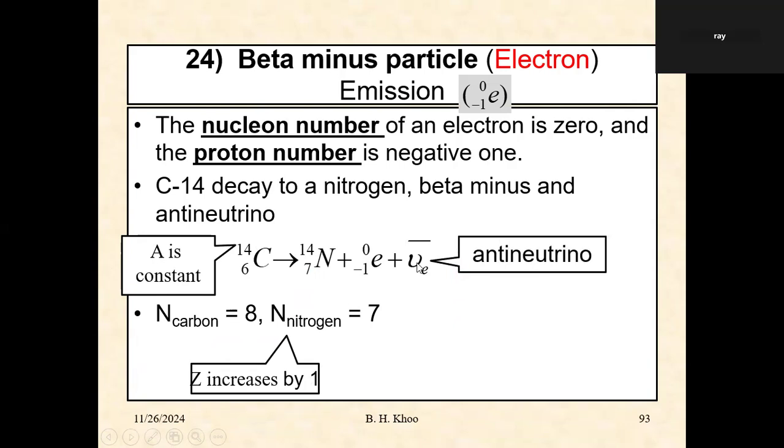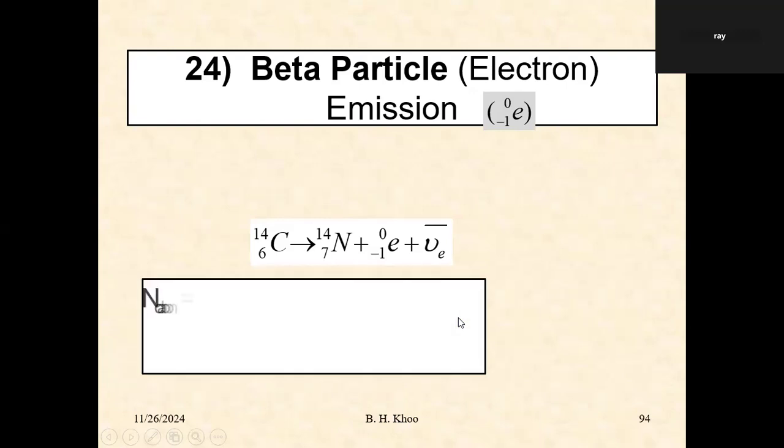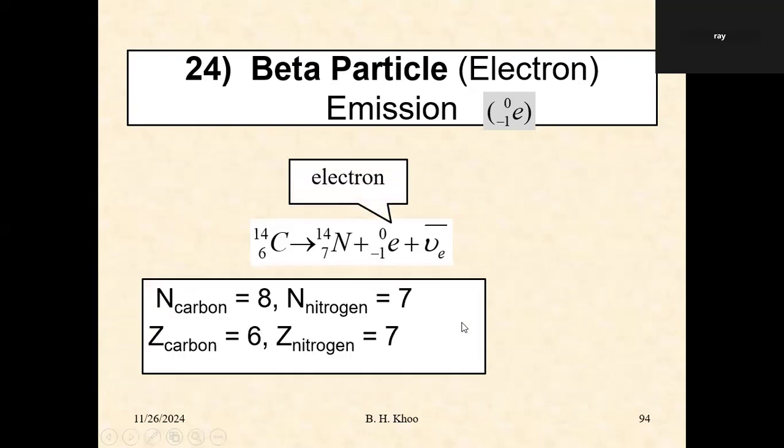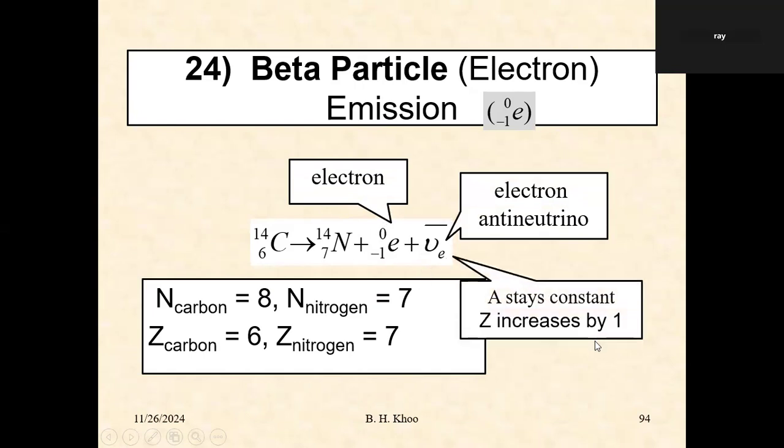This is called an antineutrino. The e there shows it is an electron antineutrino. So you need to remember that A stays constant, Z increases by 1, as for beta minus decay.